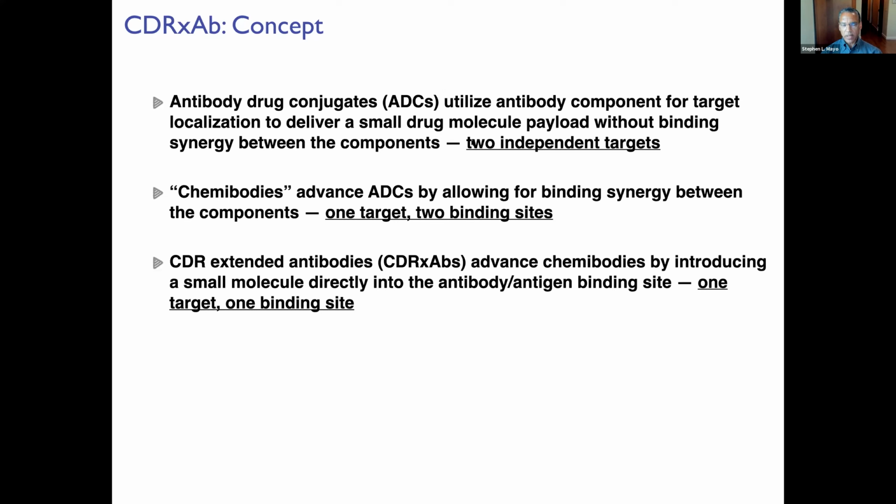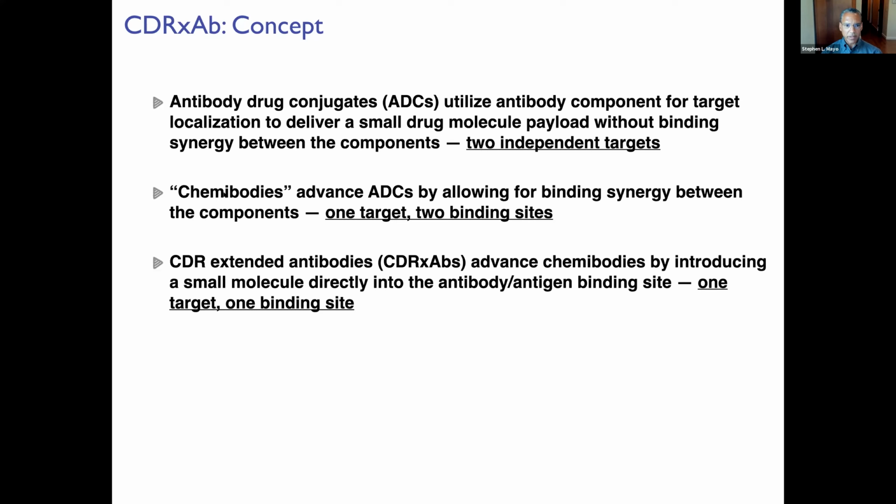The important features are that there are two targets. The antibody has a target, which is used for localization, and then the small molecule drug has a separate target. So there are two independent targets with two different binding sites, and there's no binding synergy in the system.